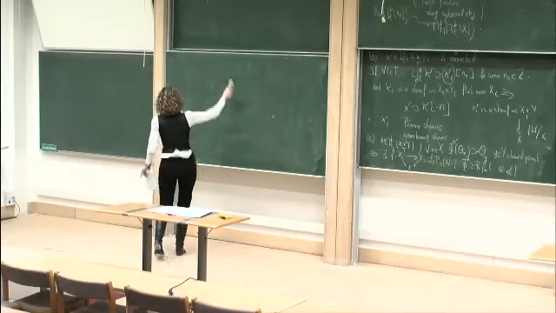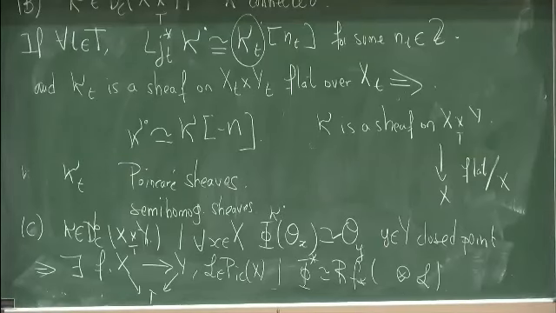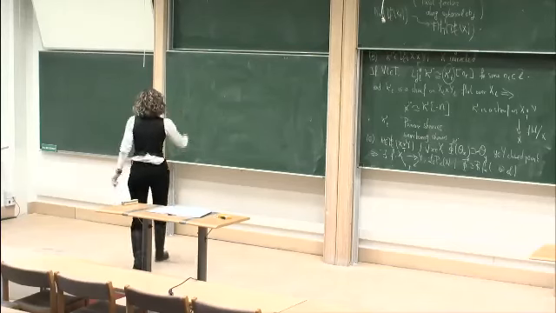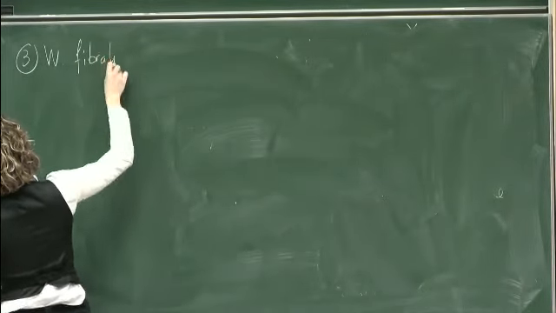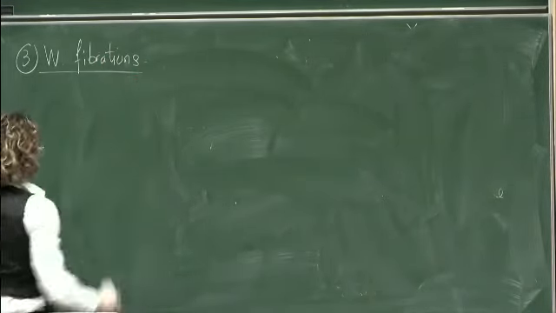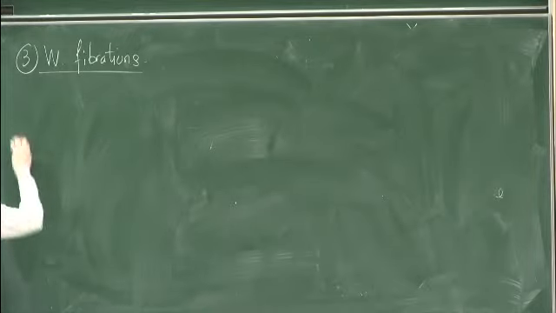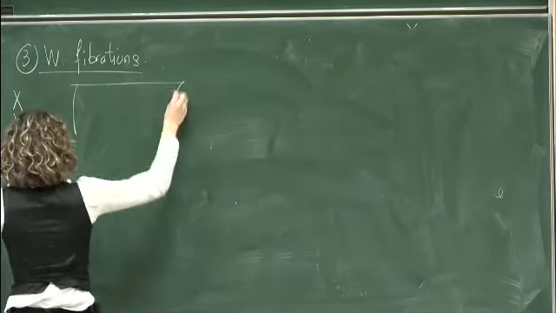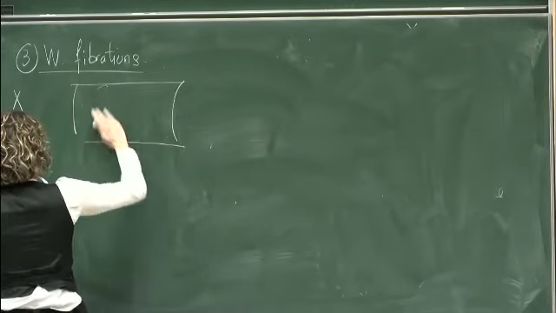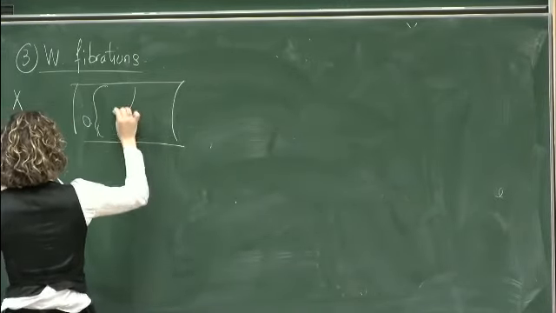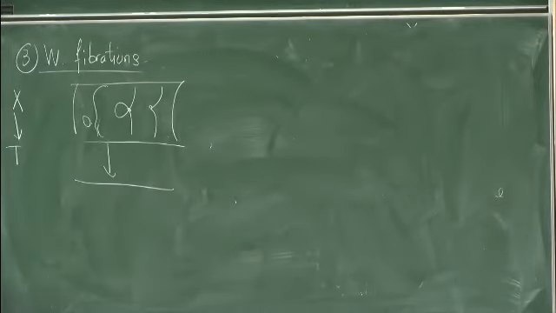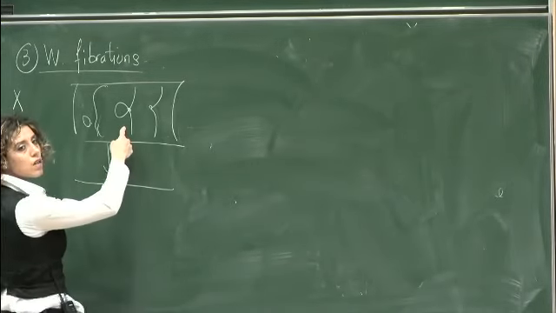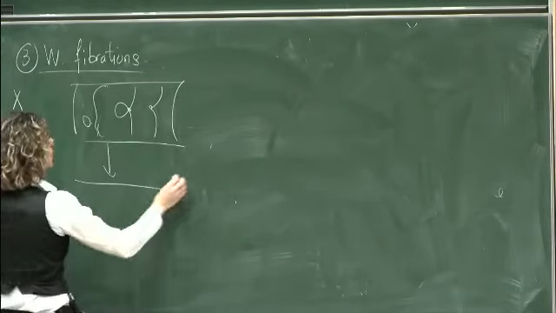trivial in some sense. Okay, so let us pass to the case of Weierstrass fibrations. In this situation, Dr. Ida defines what a Weierstrass fibration is. You have the smooth fibers, the generic fiber is an elliptic curve, and the degenerated ones are rational curves with one node or one cusp.